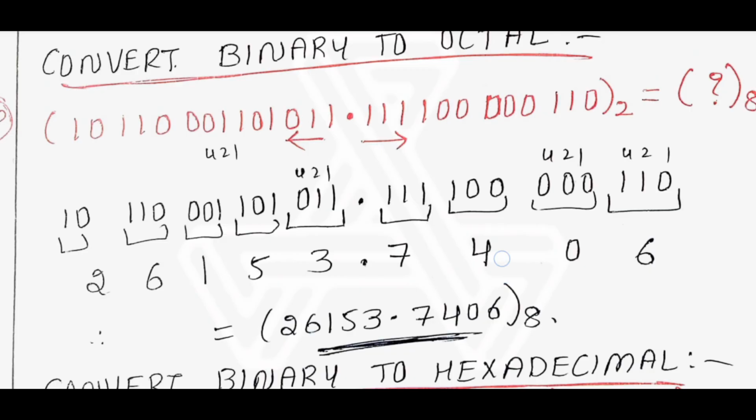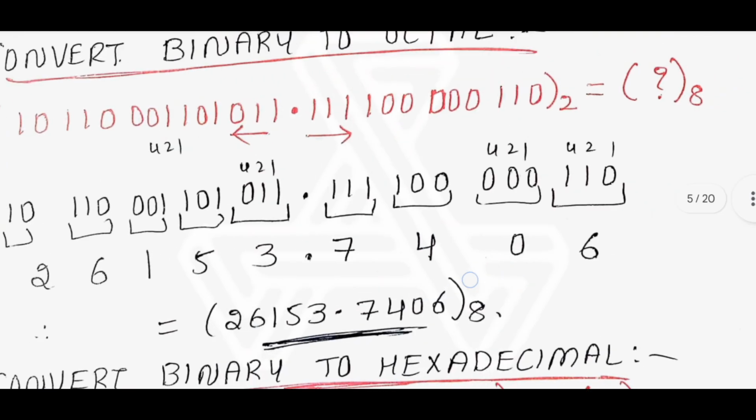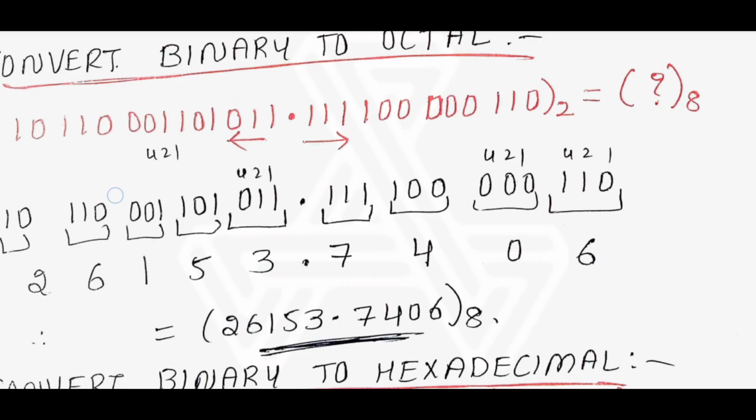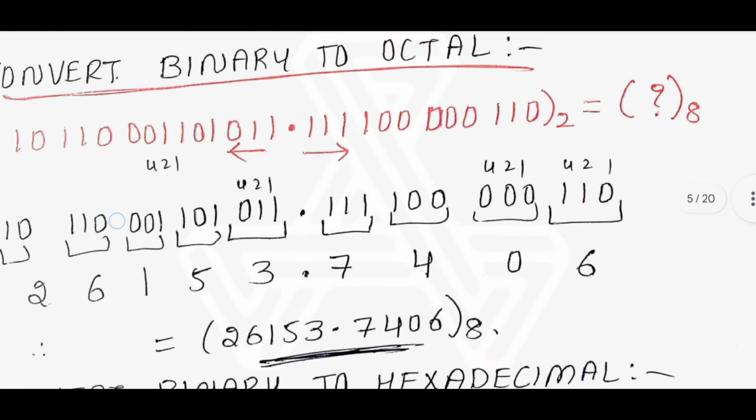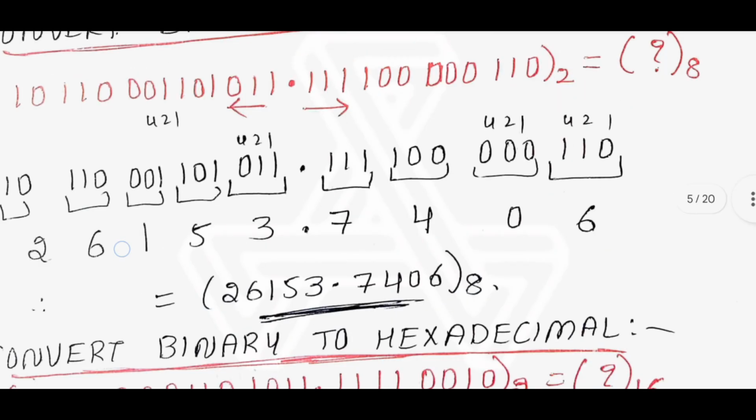Then 1 and 4 is 5, 1 is 1. 4 and 2 is 6, 1 is then 2. We have to think of it as 8, 4, 2, 1. Since 8 itself is octal, we are not considering it here. 7.